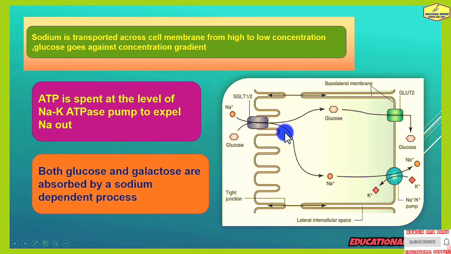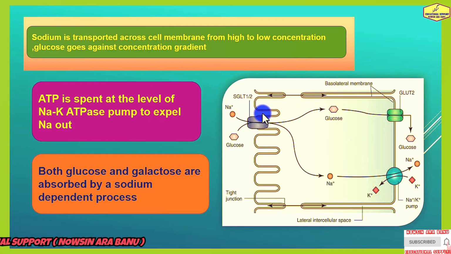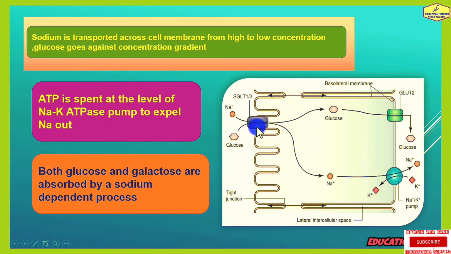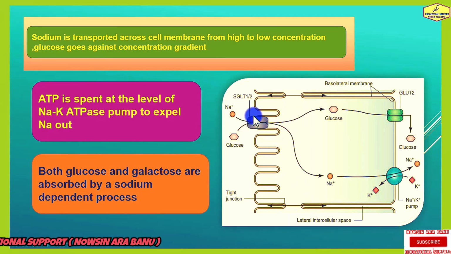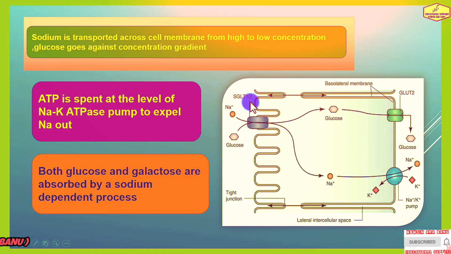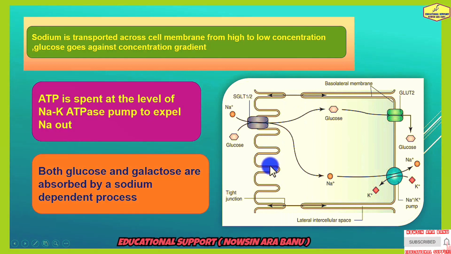Both glucose and galactose are absorbed by a sodium-dependent process. Do you know where SGLT1 and SGLT2 are present? This picture shows that SGLT1 is present on the intestinal cells, whereas SGLT2 is present on the proximal renal tubular cells.